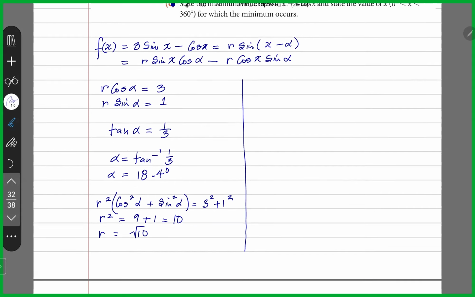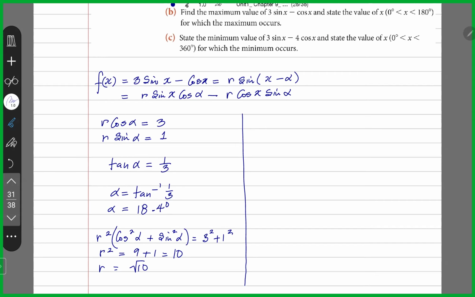So now that I know what r is, I can say that f of x is equal to root 10 sine(x minus 18.4 degrees).